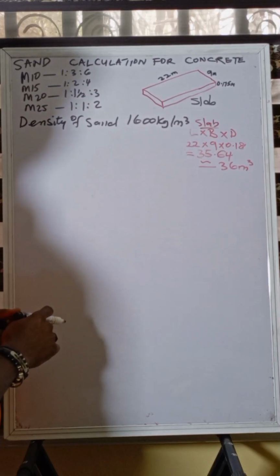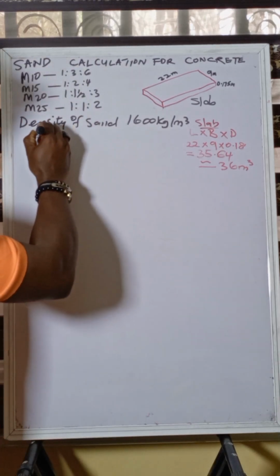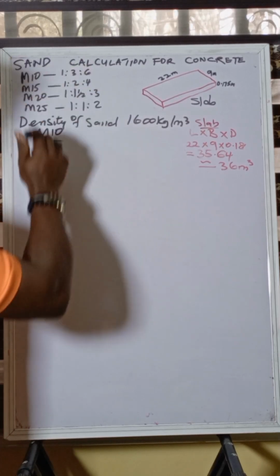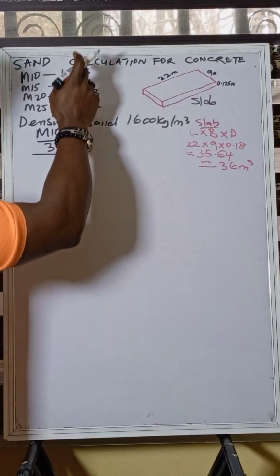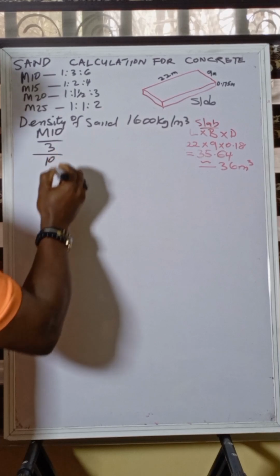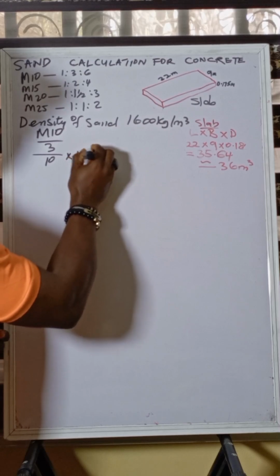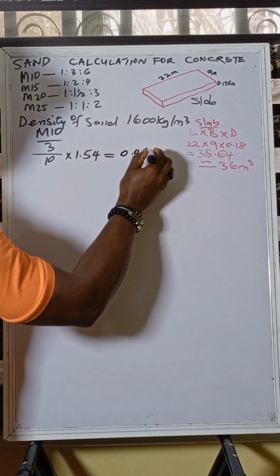So for us to calculate the quantities of sand for M10, sand is 3 over 1 plus 3 plus 6 is 10, 3 over 10 multiplied by 1.54. This will give us 0.462.